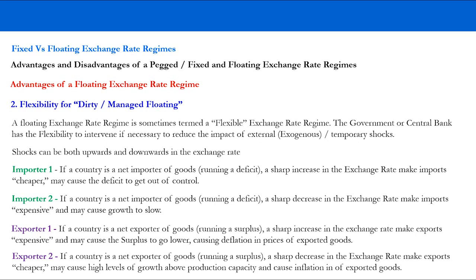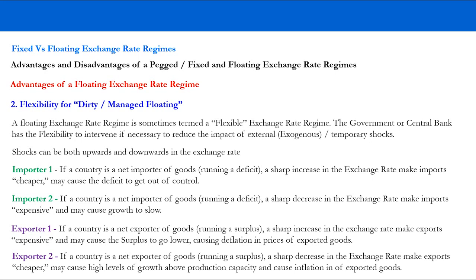So if, for example, you're a country that's a net importer of goods, so you're running a deficit, a sharp increase in your exchange rate due to an exogenous shock, so a shock that's outside of your control, can make imports cheaper. And that can cause a deficit to actually get out of control. What if you're a net importer running a deficit and there's a sharp decrease in the exchange rate?